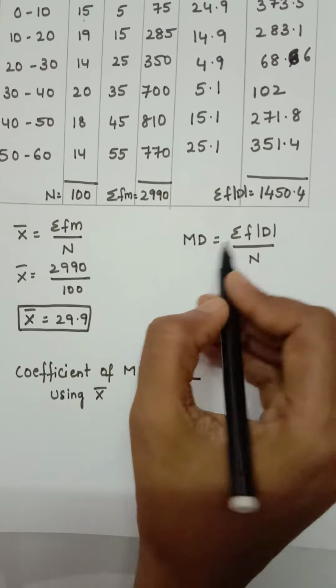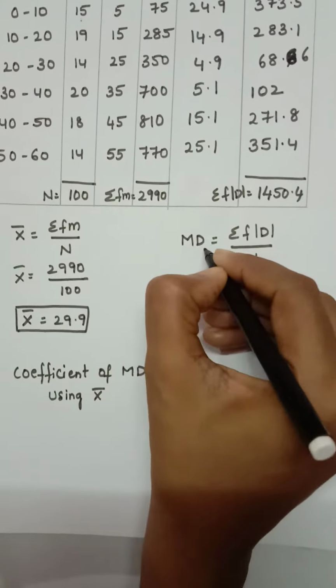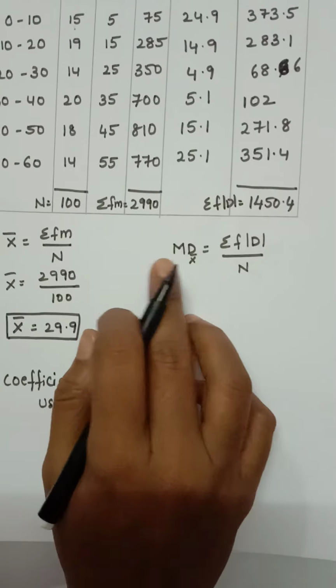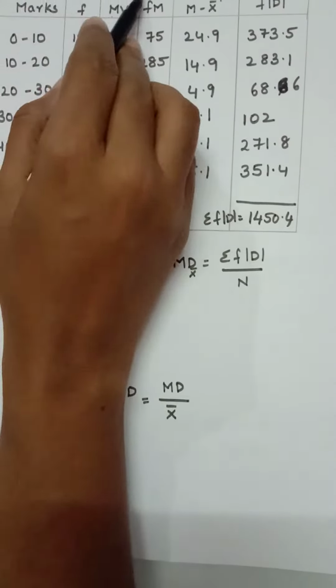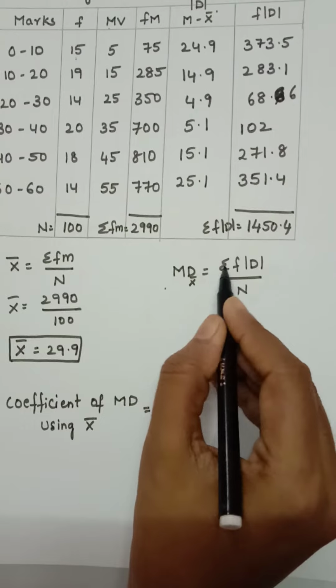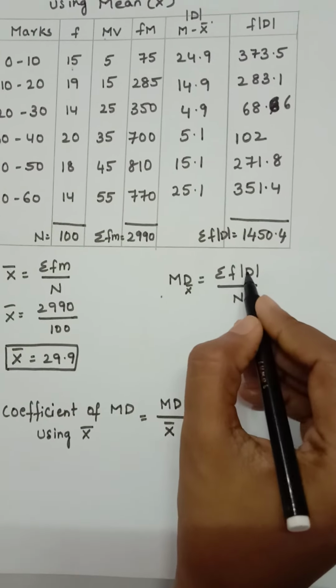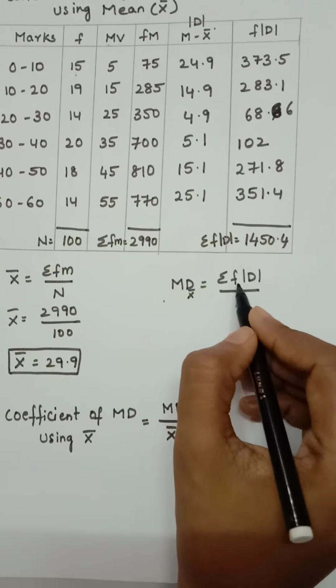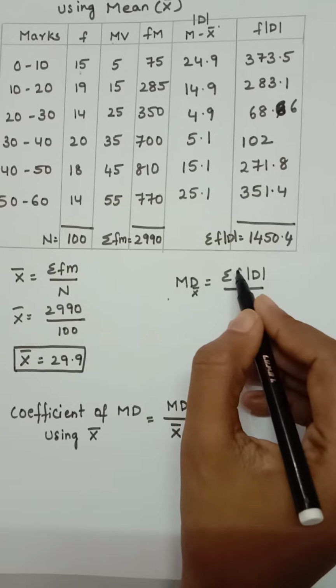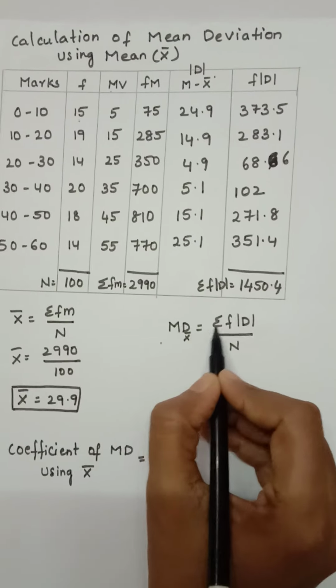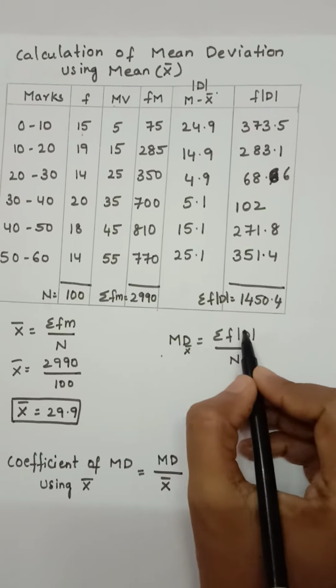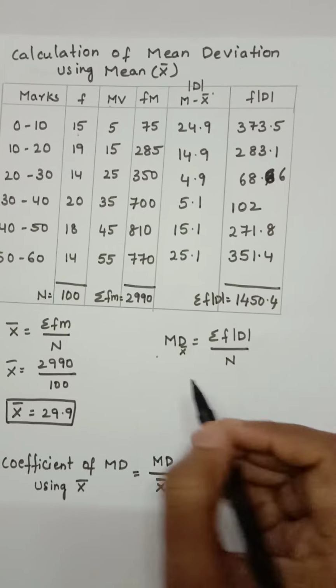So the mean deviation using mean formula is summation f mod d divided by n.